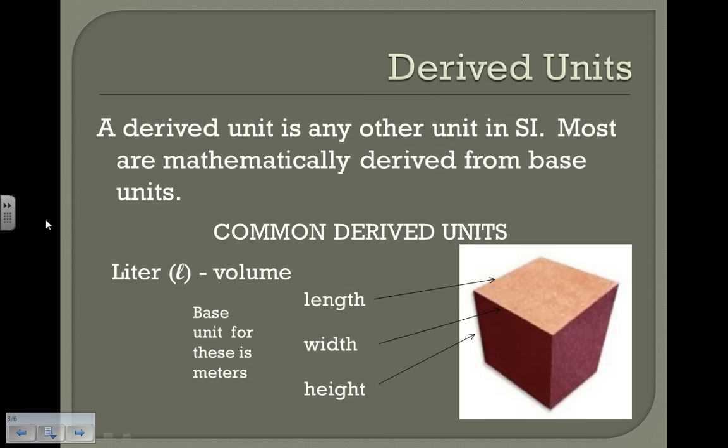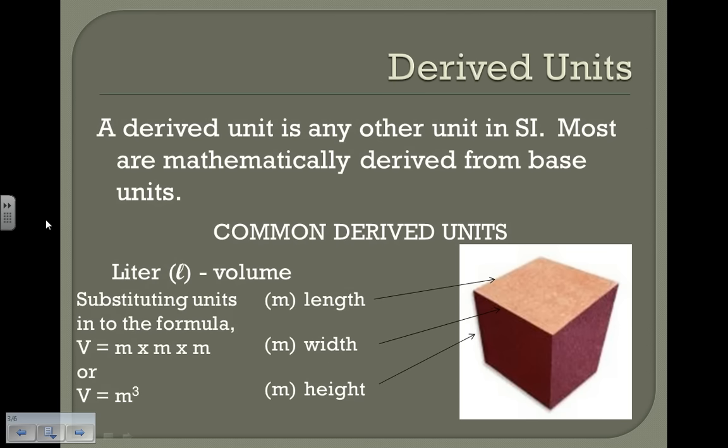So a length is measured in meters, a width is measured in meters, and a height is measured in meters. We know that the formula for volume is length times width times height. So volume equals meters times meters times meters, and it becomes cubic meters.